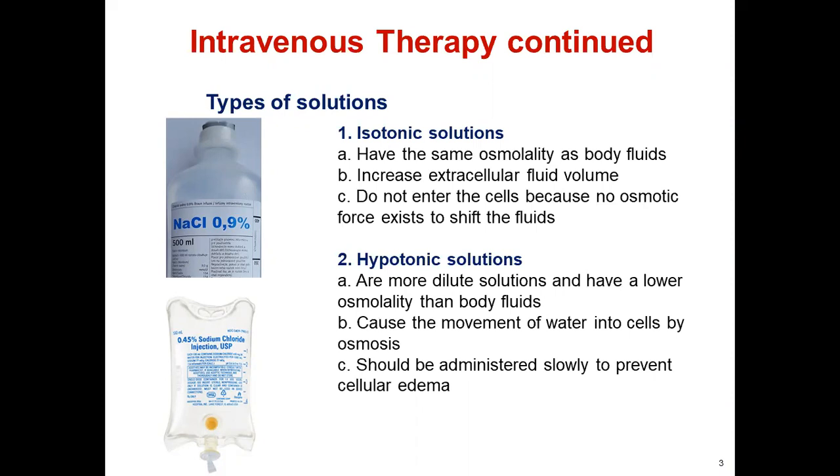Usually 0.9% normal saline or lactated Ringer's, or dextrose 5% in water, is isotonic, right? Keep in mind.